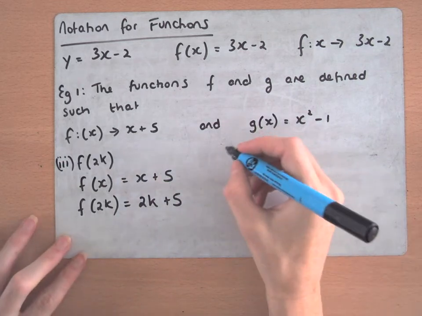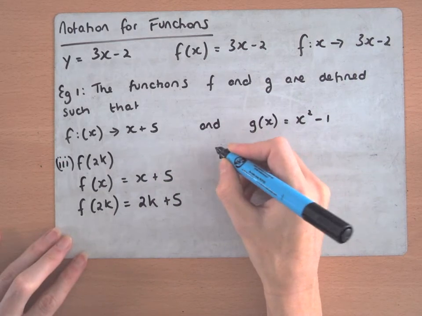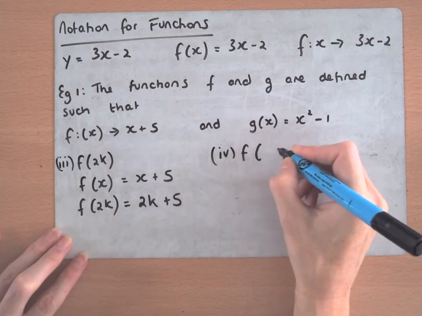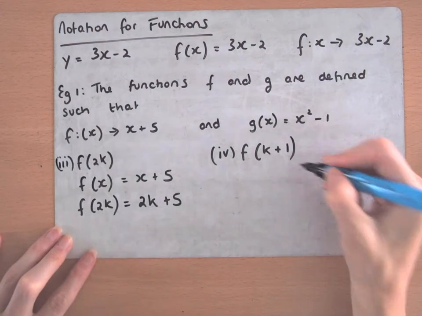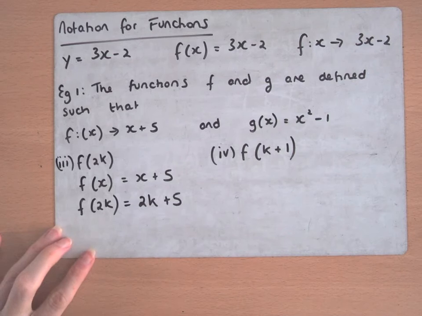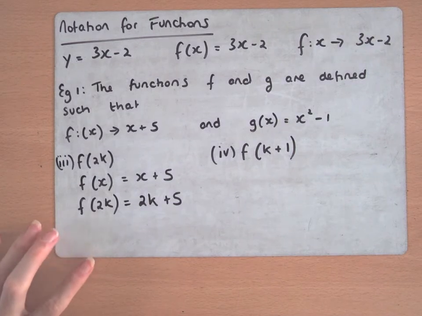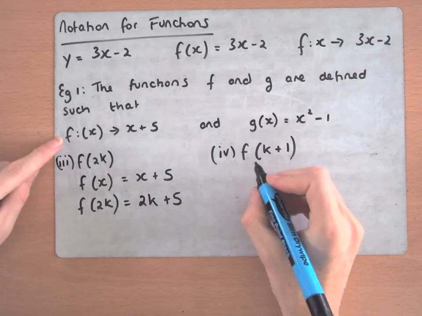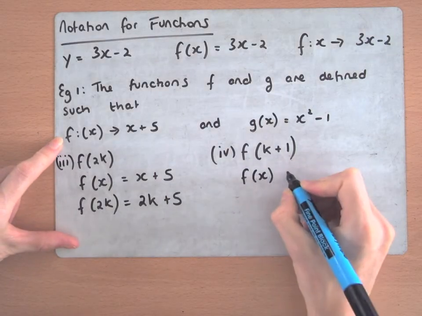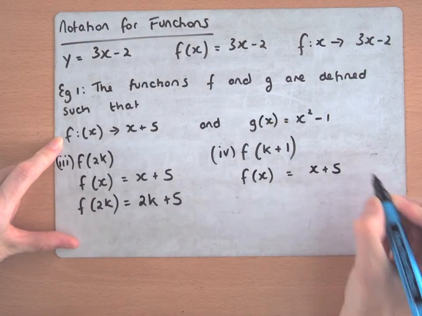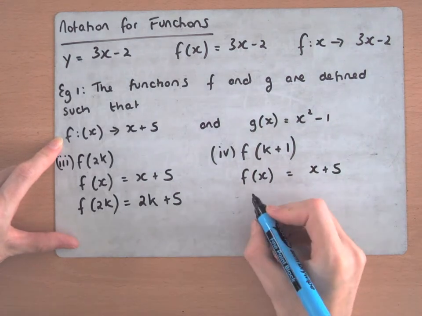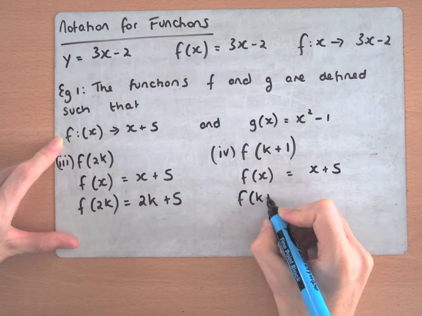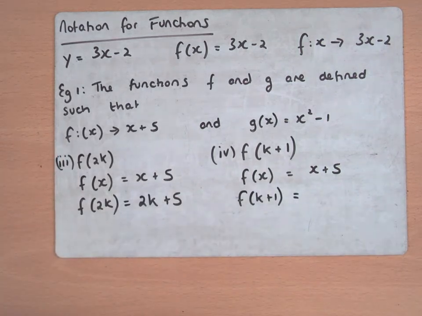Okay, what about f of k plus 1? What function are we using? F. So let's write down f of x is x plus 5. Always go back to the function. F of k plus 1 would be what?